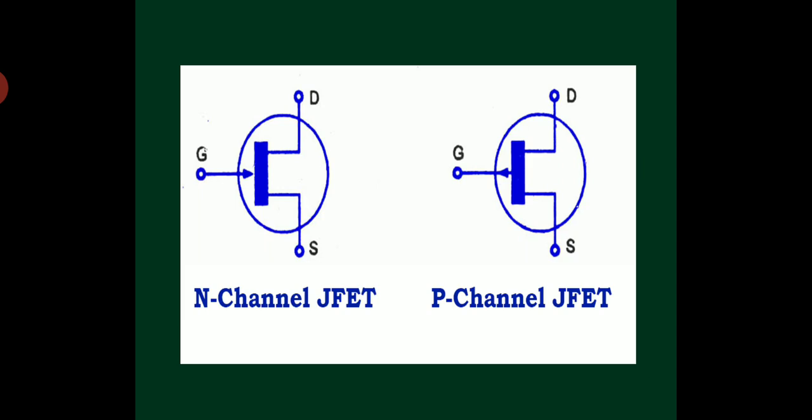In BJT, I have to fulfill certain conditions to make the transistor work as an amplifier. That is, the doping concentration of the emitter must be very high.